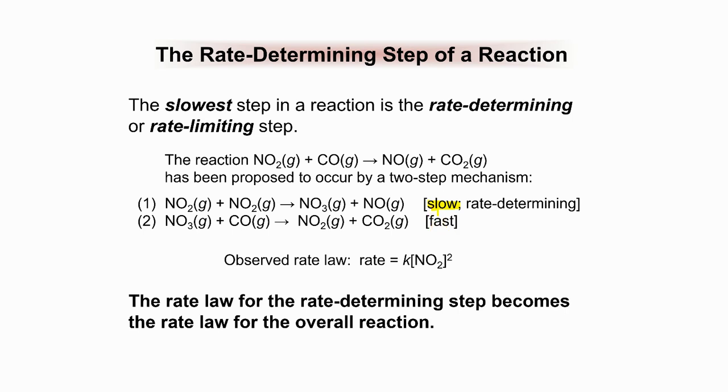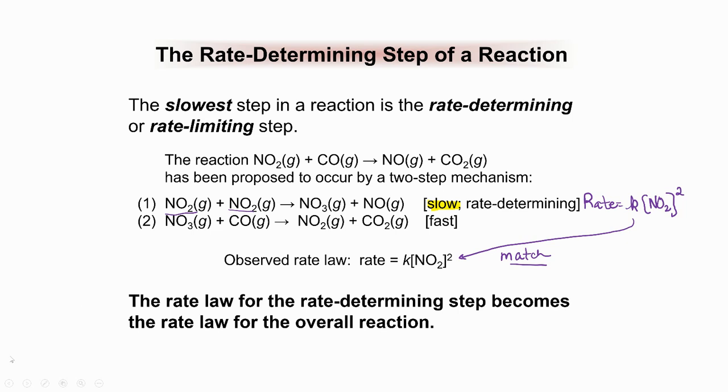That, as written here, was given. The rate determining step is always, always the slow step. And we can therefore say that for this first one, rate equals k[NO2]^2 because it's bimolecular and it's the same reactant. If this is a valid mechanism, that rate will match the experimental.